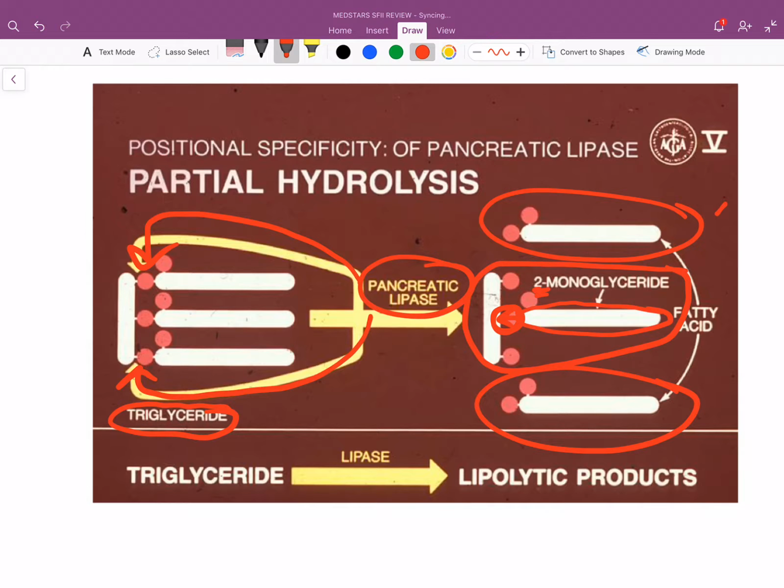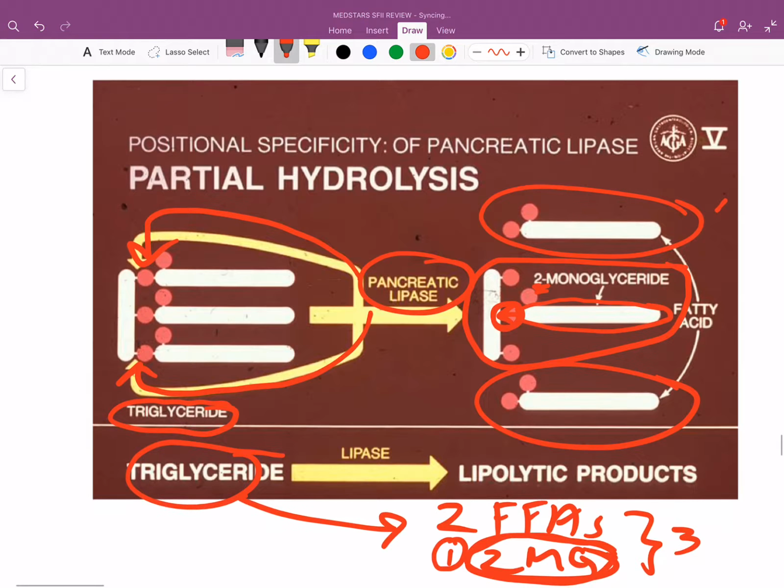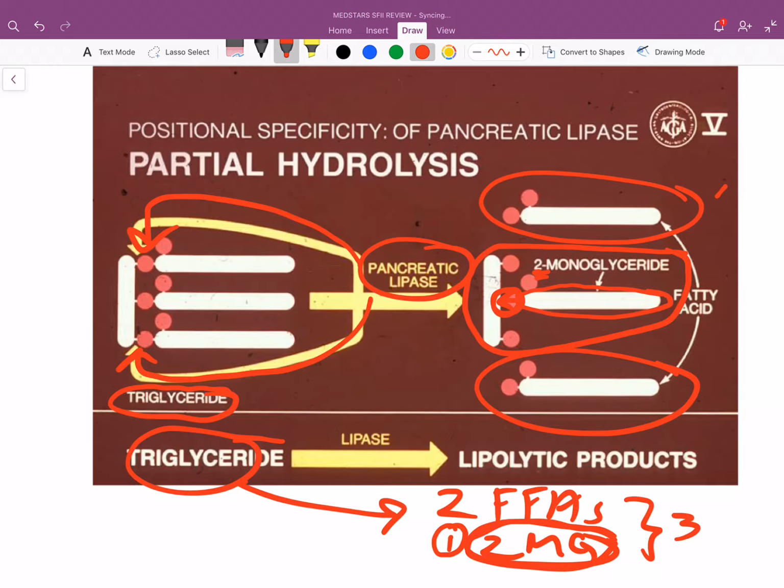So, don't forget, one triglyceride becomes 2 free fatty acids, and it becomes 1 2-monoglyceride. You just have one of these, not two of them. So you get a total of 3 products. Test makers love playing on this number, the fact that there's a number 2 there, to confuse you.